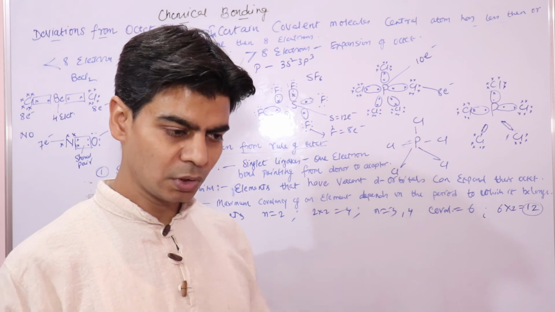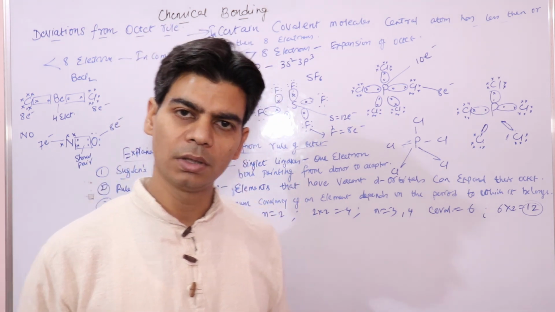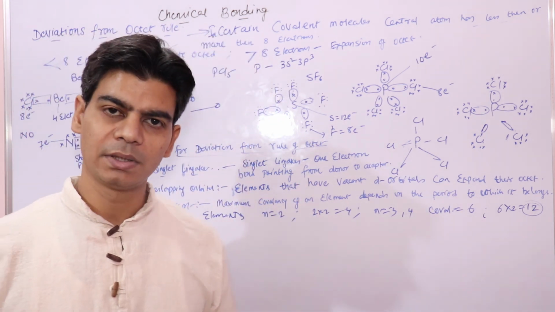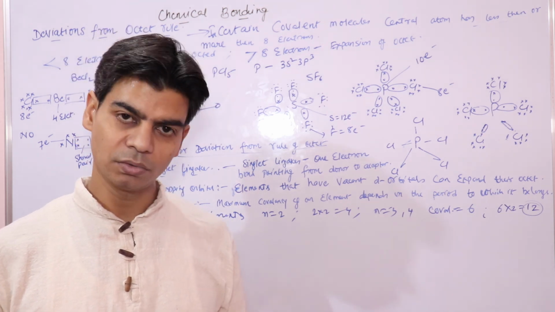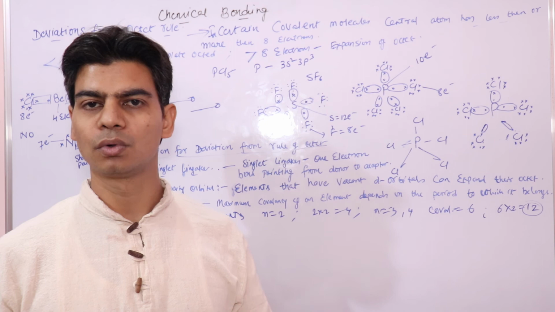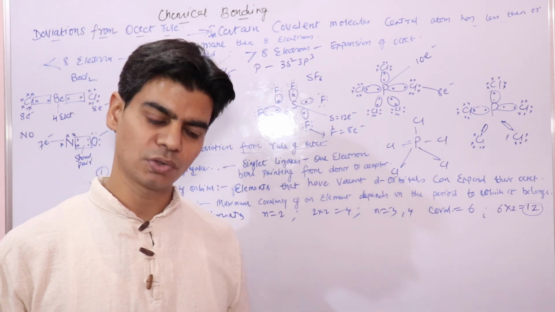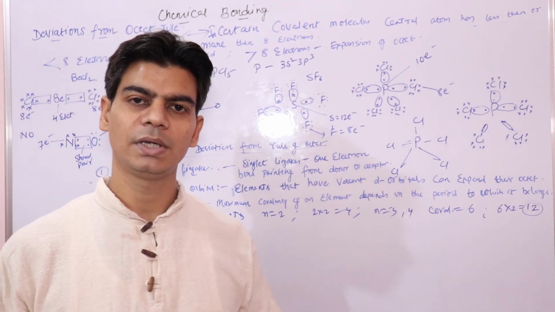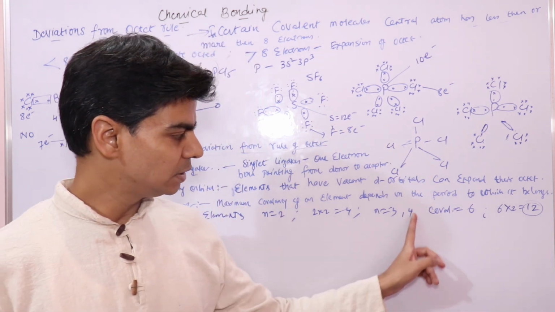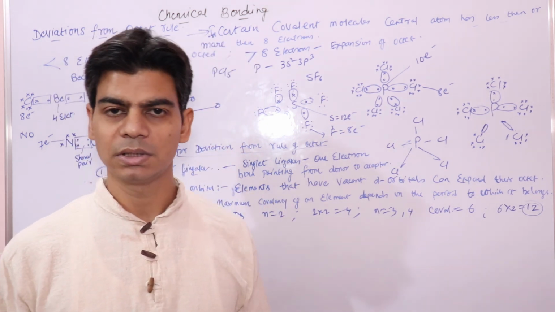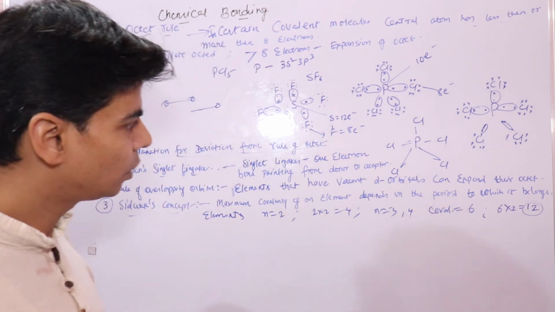If you remember the formation of a covalent bond, the number of electron pairs shared is called the covalency. Like electrovalency is the number of electrons transferred in the formation of an electrovalent compound, covalency is the number of electrons shared to form covalent bonds.